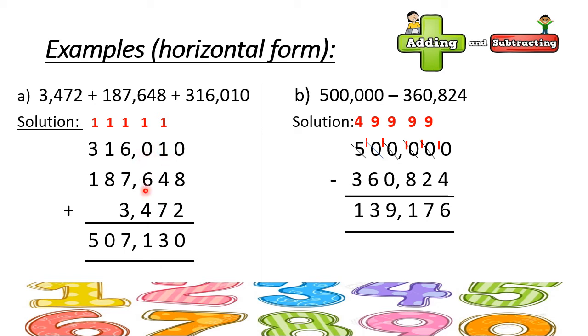And then 0, 6, 4 belong to the hundreds column. And then 6, 7 and 3 belong to the thousands column. Again, these three digits should be placed correctly. And then 1 and 8 belong to the 10,000s column, and 3 and 1 belong to the 100,000s column.